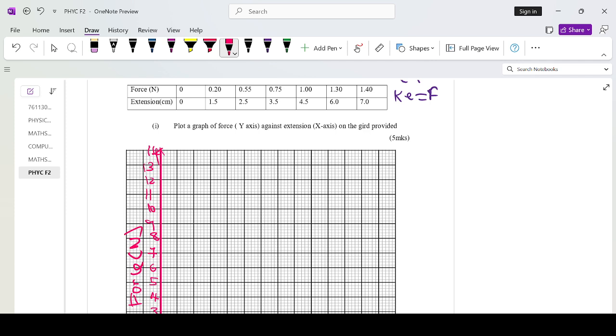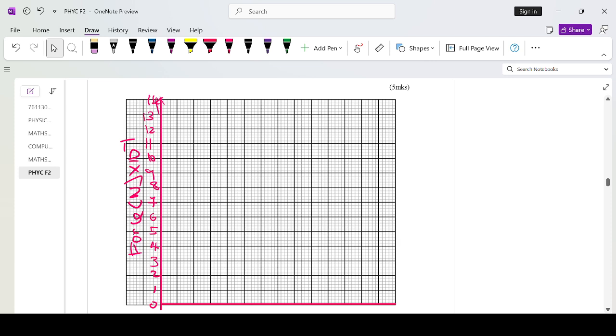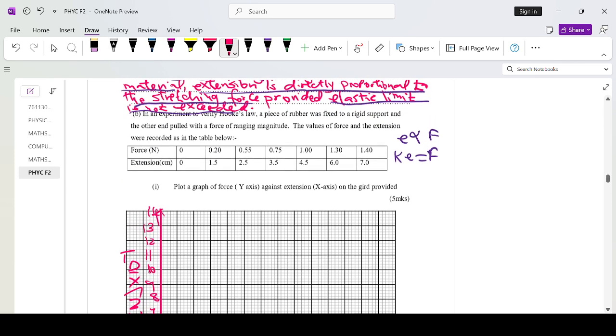So these ones here, I'm going to multiply them by 10 negative 1, such that if I'm having 1.00, that 1.00 is the 10. If I multiply 10 times 10 power negative 1, it will become 1, which is the same as 1.00. So we need to be that observant.